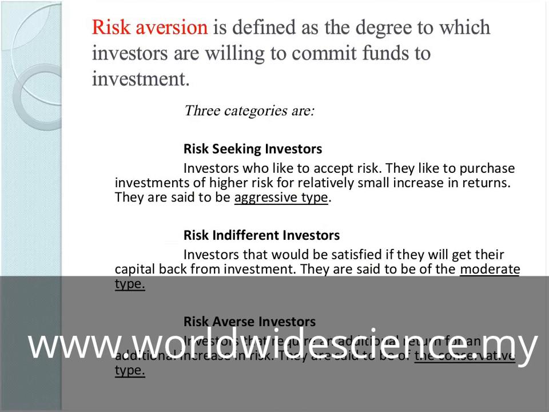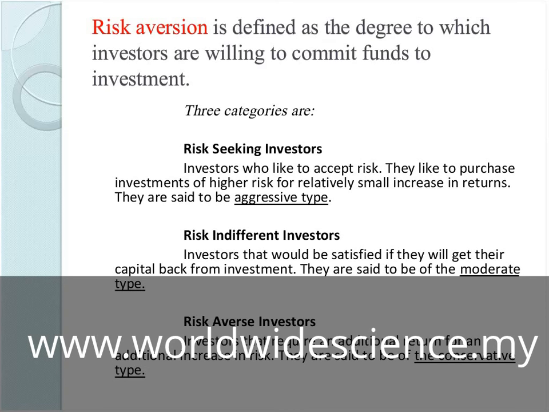As you know, we talk about risk and about investments, and we have a topic about risk-seeking investors and about risk aversion. So what is risk aversion? It's defined as the degree to which investors are willing to commit to investments, right?